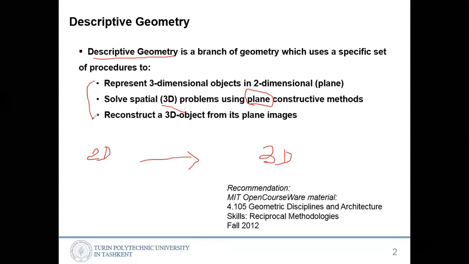So 3 things are included in descriptive geometry: the first is to represent a 3D thing in a 2-dimensional plane; the second is to solve 3D problems using plane methods; and the third is to reconstruct, making a 3D thing using 2D.